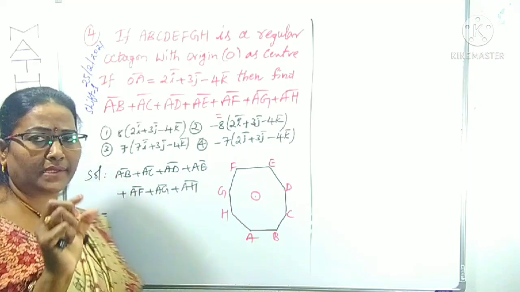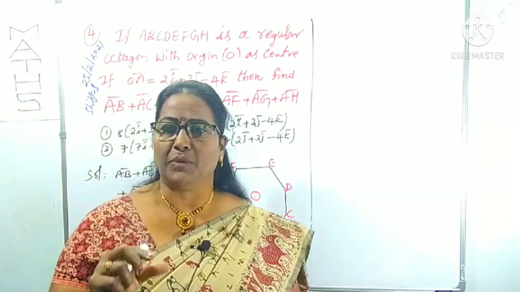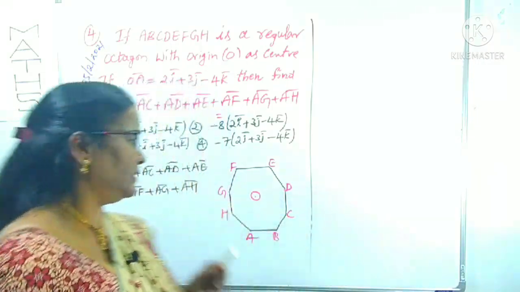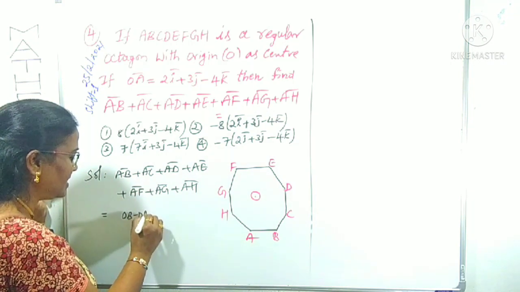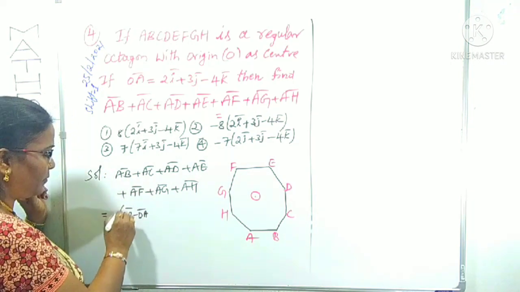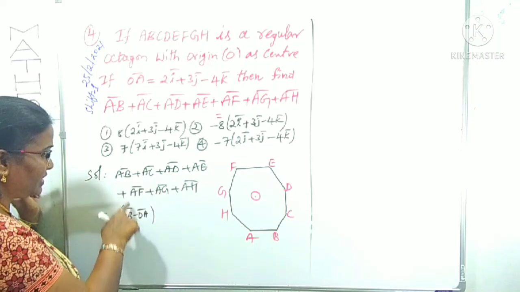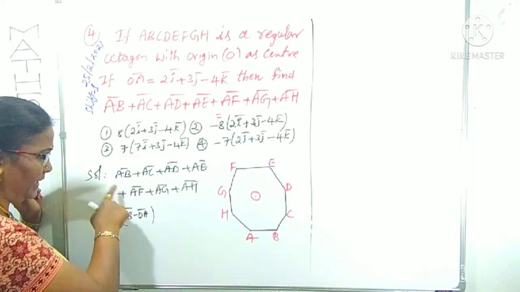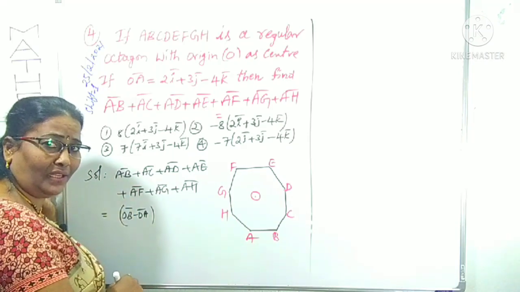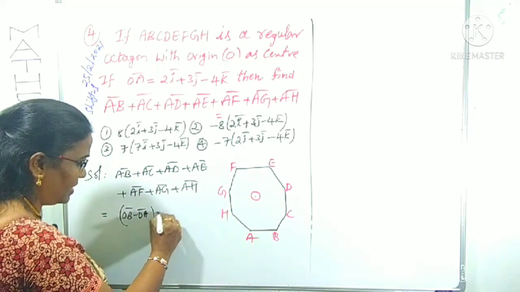By using O as the initial point, meaning the origin, we can take AB as OB minus OA. This is called the position vector: position vector of the terminal point minus position vector of the initial point. This also follows from the properties of vectors.